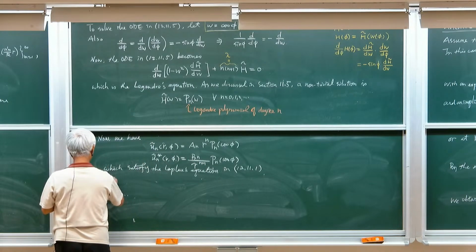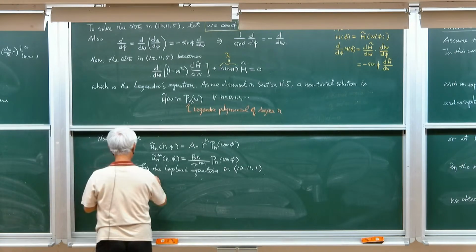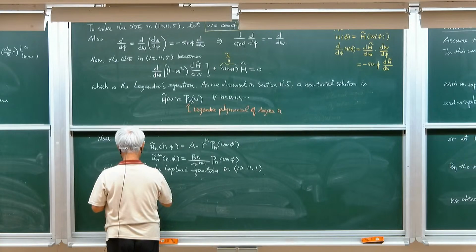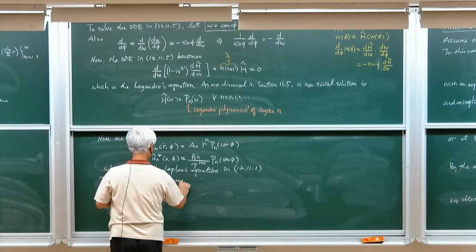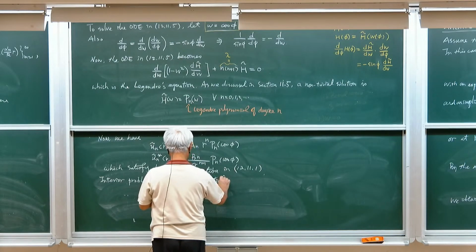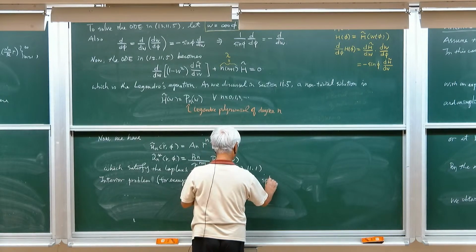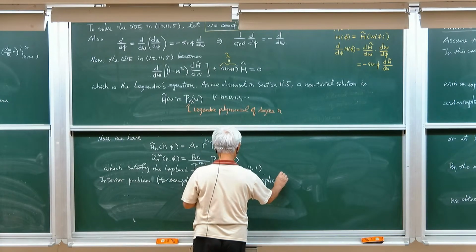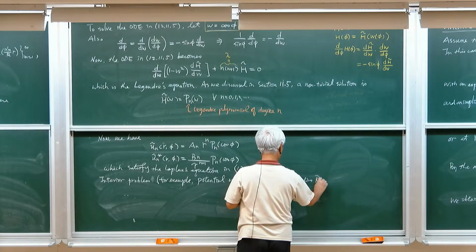Now for the interior problem, so we found, for example, potential within the sphere, okay, with radius r.